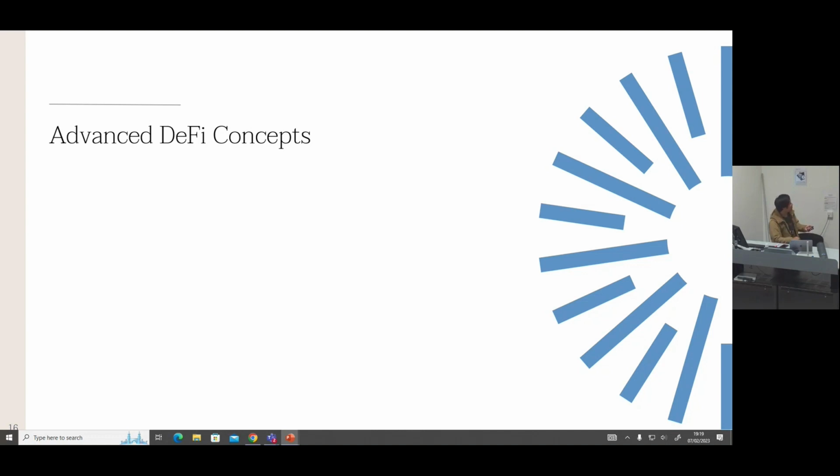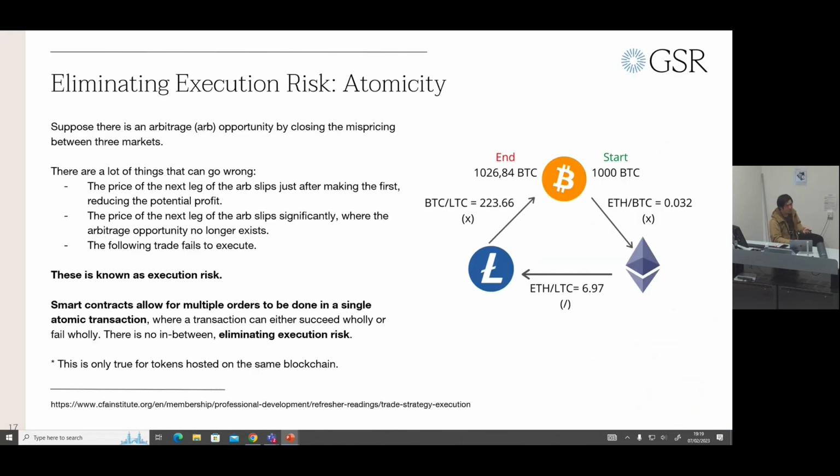So on to this last section, advanced DeFi concepts. When thinking about a trade that you'd like to make, you see that on a certain market, ETH, BTC, there's this exchange rate.